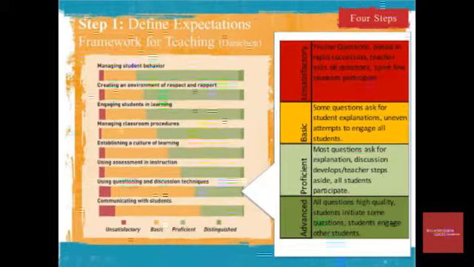Did class end on time? Was the teacher wearing a tie? Those kinds of things don't require judgment. You could get 100% reliability on them, but they probably don't matter that much. The things that matter for teaching are the things that will require judgment. That's the first thing to notice, and you'll see in a second that's reflected in some of our results.